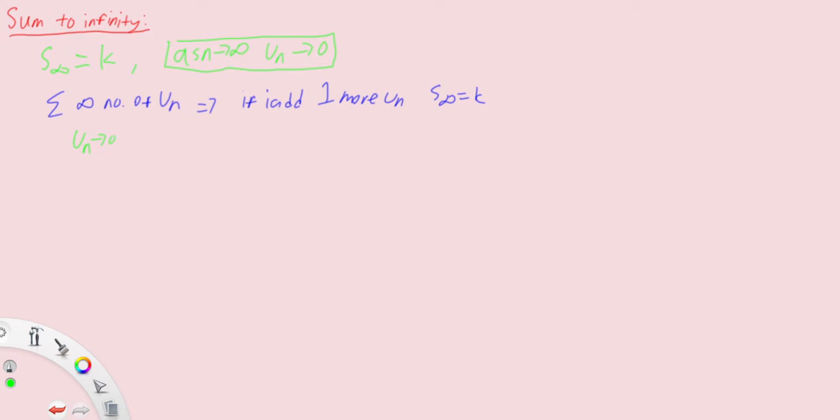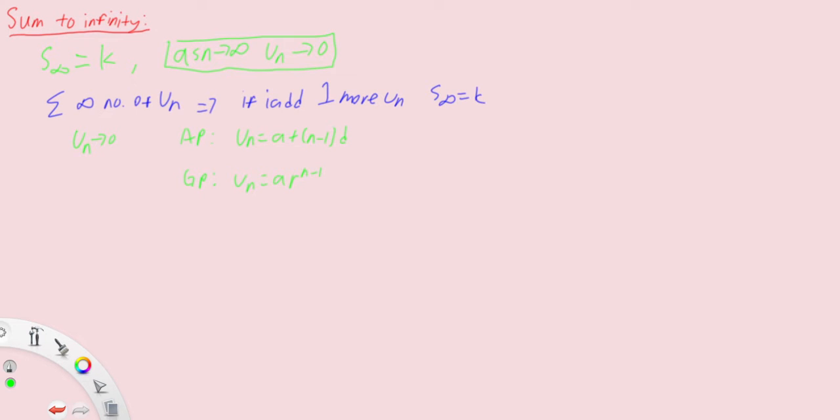Un approaches 0. So let's take a look at the formulas for the two progressions that we have learnt so far. For AP, we have un equals first term a plus n minus 1 times the common difference d. For GP, we have un equals first term a times common ratio r, power n minus 1.